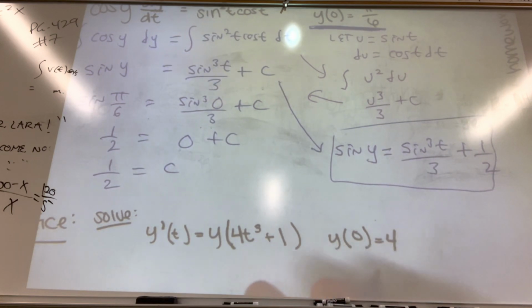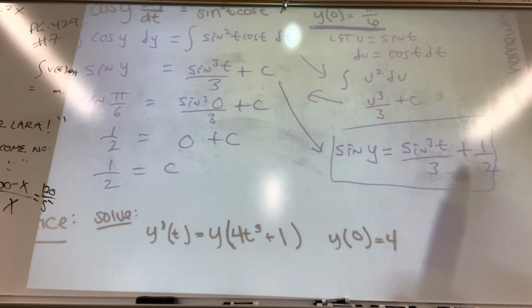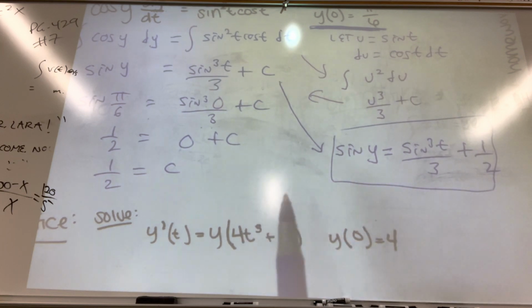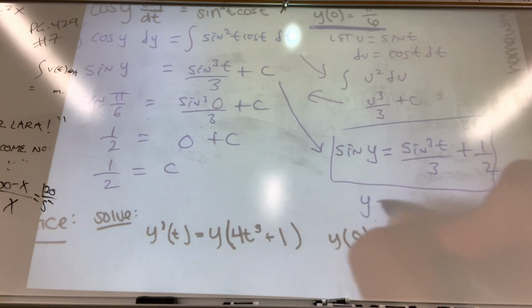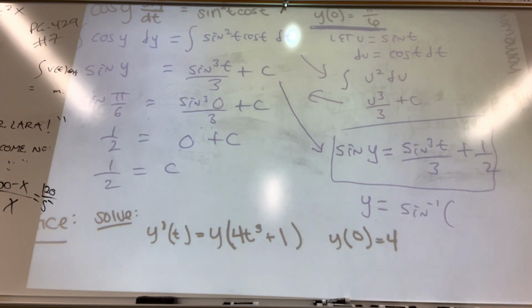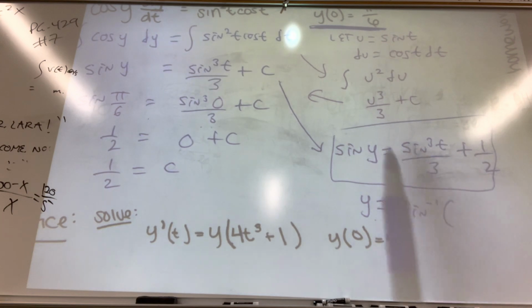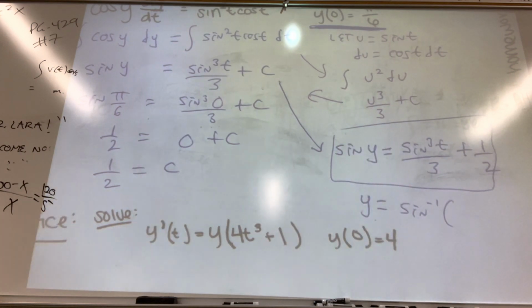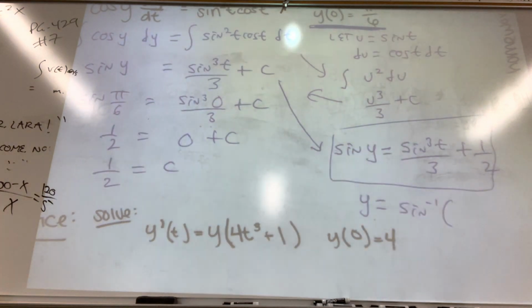So this is a function that works. Now, if they actually said solve for y, you just say y is equal to sine inverse of all of it, and then you're done. But if they don't say that, y equals this would work as well. We good?